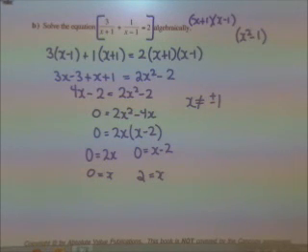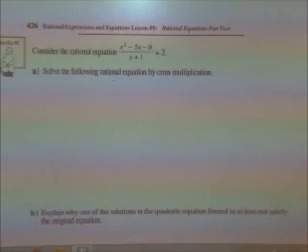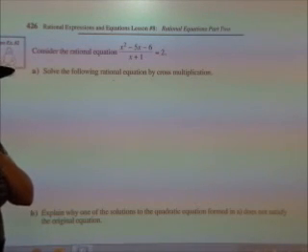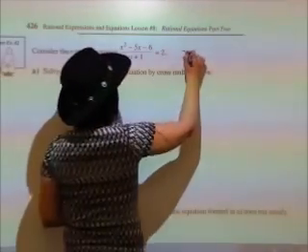Okay, so let's look at the next question. Consider the rational equation x squared minus 5x minus 6 over x plus 1 equals 2. What can't x equal? Negative 1.